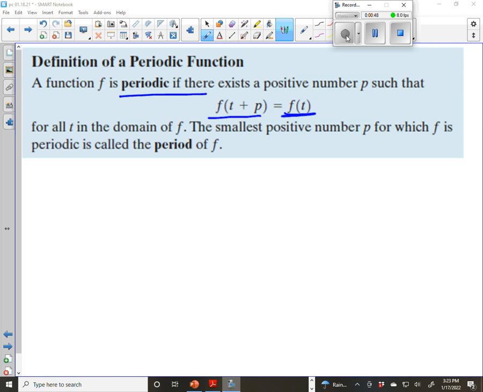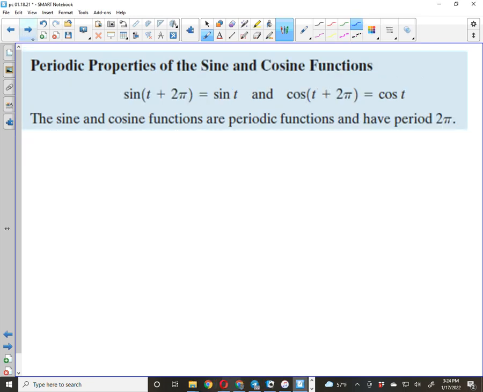Sines, cosines, and tangents are all periodic. Sines and cosines repeat every 2 pi. Tangents repeat every pi. For all numbers in the domain of f, the smallest positive number p for which f is periodic is called the period of f. We define that now as the sine of t plus 2 pi is equal to the sine of t.